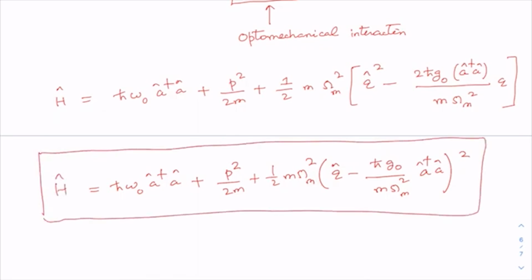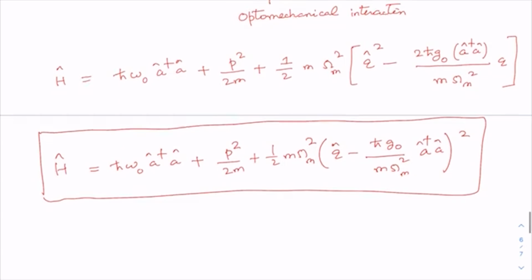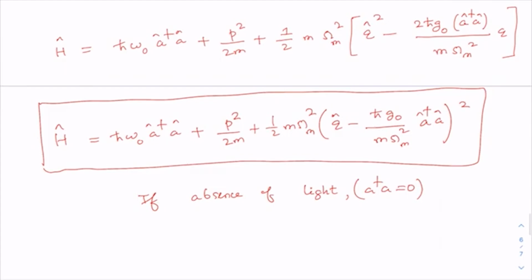Now this particular form clearly shows that if there is an absence of light, that means a dagger a is equal to 0, then, as you can see, the mechanical equilibrium occurs at q equal to 0, because this term would not be there.